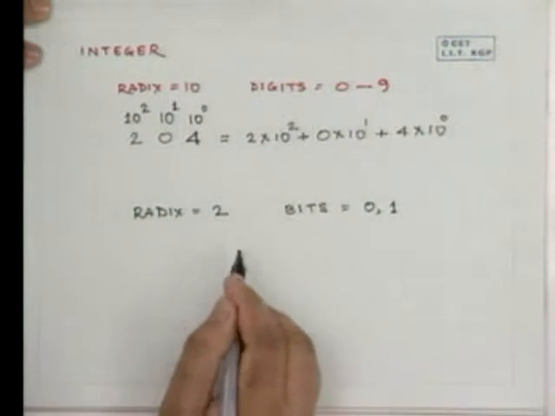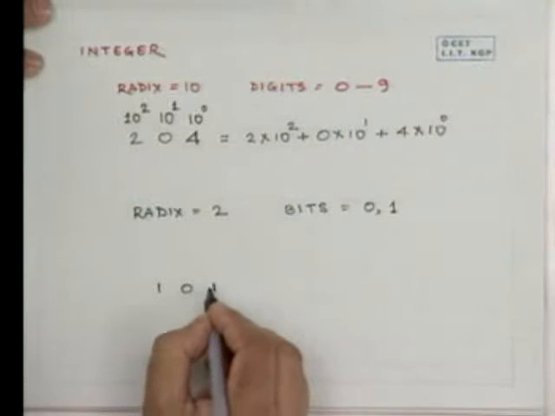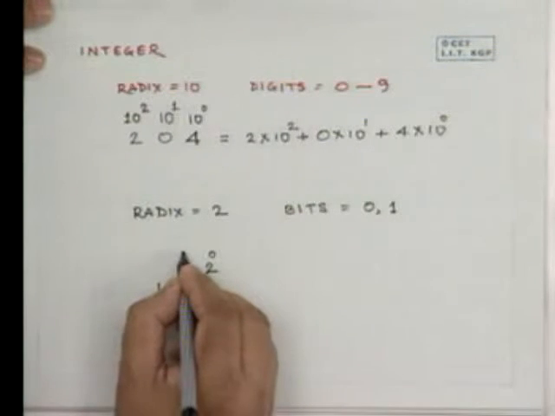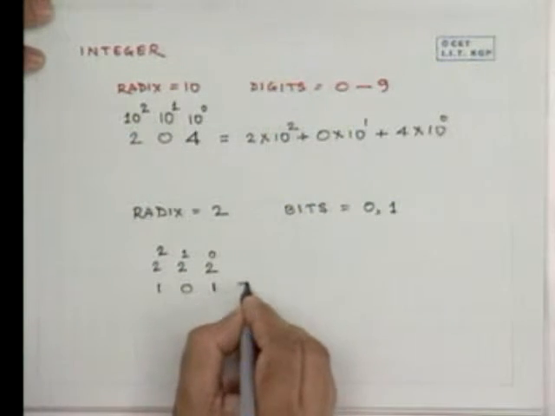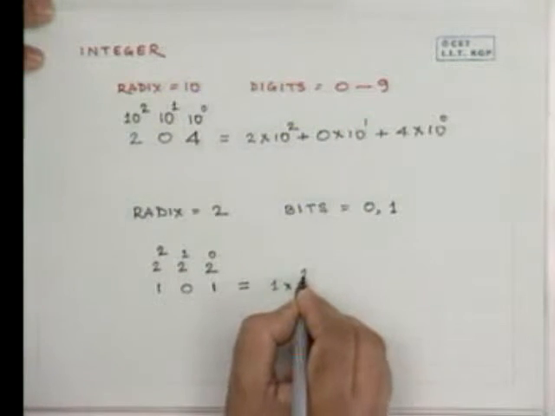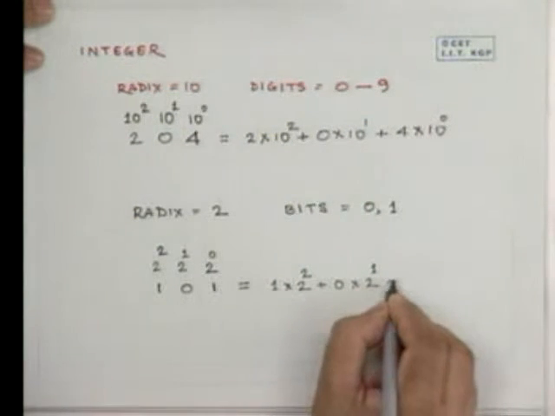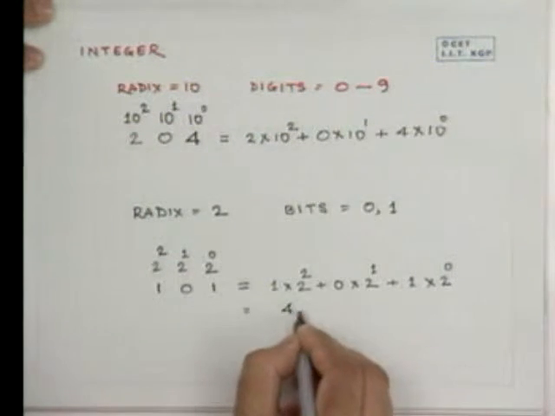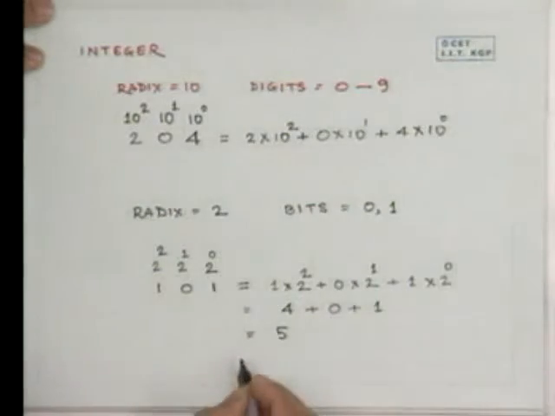This is also a positional number system, which means that if we say there is a number 101, then the first position has a weight of 2 to the power 0, the second has a weight of 2 to the power 1, and the third has a weight of 2 to the power 2, which means this number 101 is 1 into 2 to the power 2 plus 0 into 2 to the power 1 plus 1 into 2 to the power 0, which is 4 plus 0 plus 1. This is equal to 5.